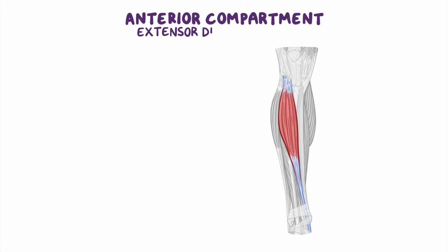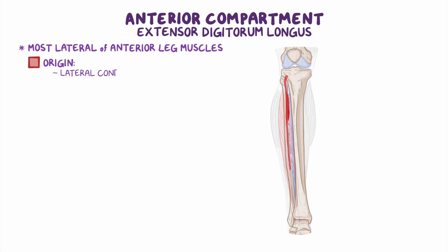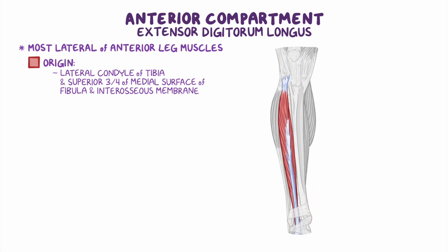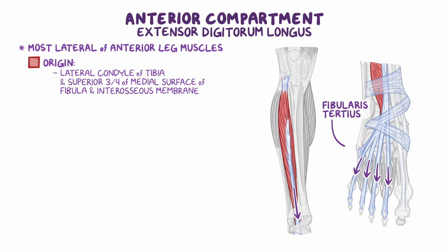Second, the extensor digitorum longus is the most lateral of the anterior leg muscles. Its origin is at the lateral condyle of the tibia and the superior 3/4 of the medial surface of the fibula and interosseous membrane. The extensor digitorum longus forms four tendons superior to the ankle, which enter the dorsum of the foot along with the tendon of the closely associated fibularis tertius muscle.